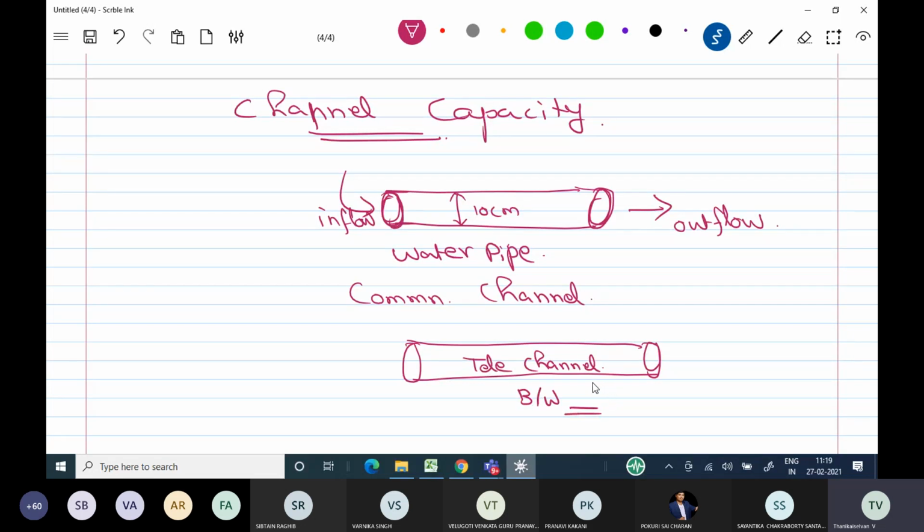Telephone channel bandwidth, anybody know? Our BSNL is providing landline telephone, no? Twisted pair cable is available, no? One twisted pair, there will be 2 wires.